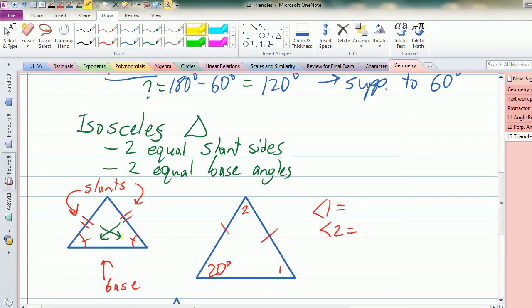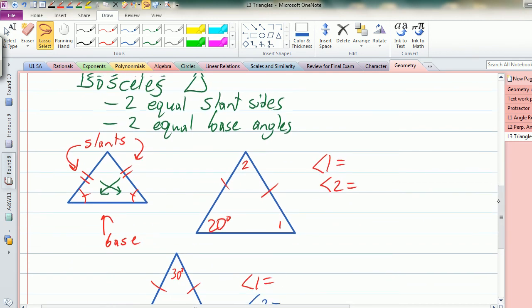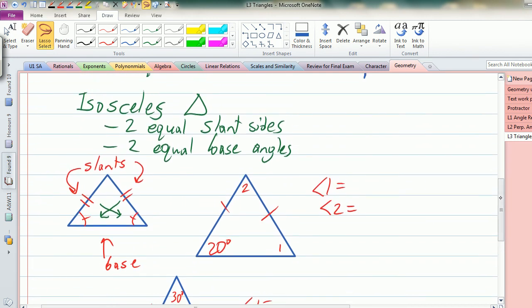Okay. Now here the base is on the bottom. It's not always going to be the case. So if I take this triangle, there's the base, there's the 2 equal sides. However, oh, what happened there? Deleted it. Let me draw it again, sorry.